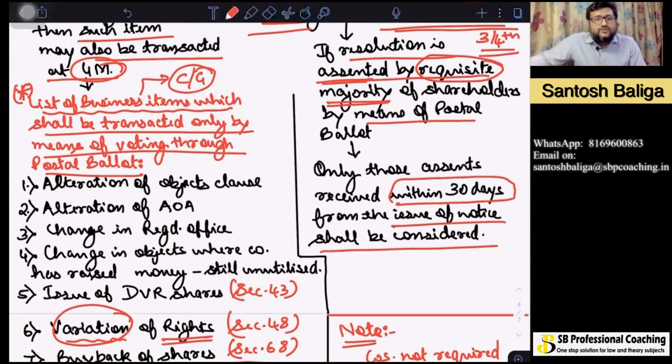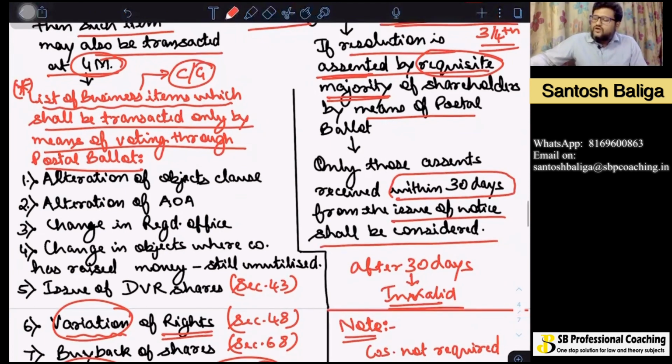Is it clear? If any assent or dissent is received after 30 days, then it will be considered invalid. Now this is clear.